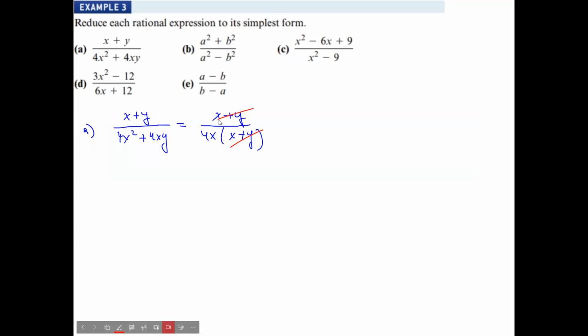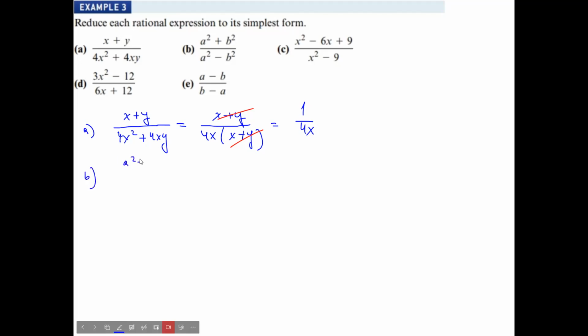The restriction is x doesn't equal y and negative y, and x is not 0, right? Typically restrictions are those values that make this impossible. That's it. So as a result, that's what I have.